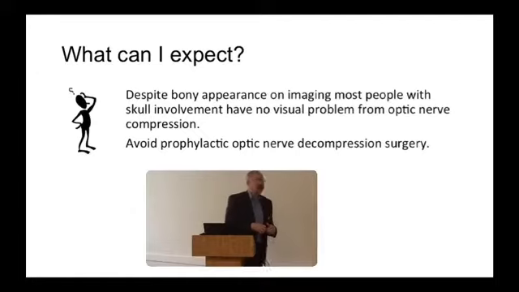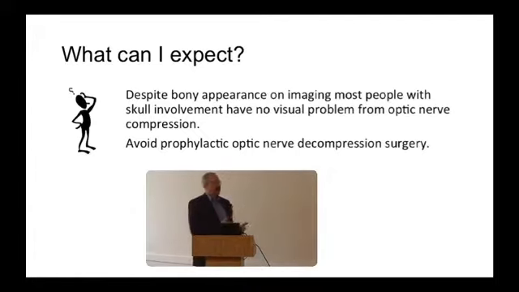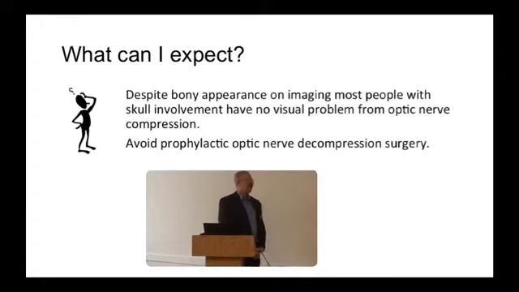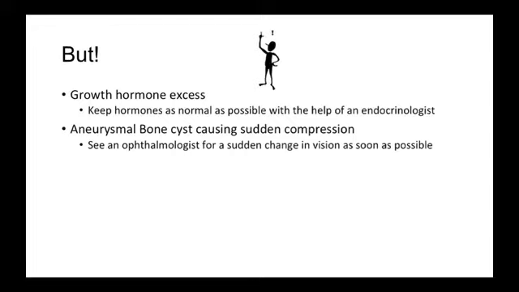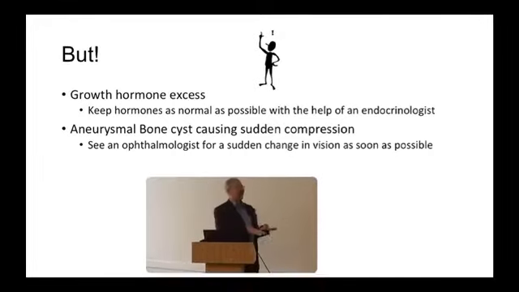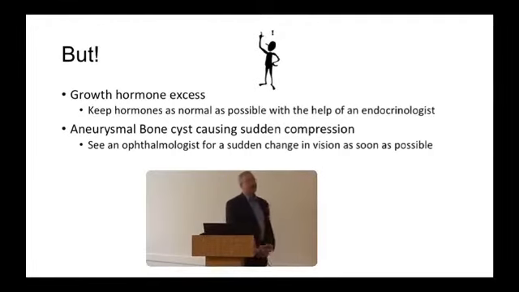So my suspicion is growth hormone excess for a long time, and I think this is what Dr. Boyce and Collins would say also, causes more bony problems, specifically possibly causing more problems in this area also. So growth hormone excess is a bad actor in this particular case, and really it's important to try and keep it at a normal level to the extent that it is possible, specifically as you're growing.